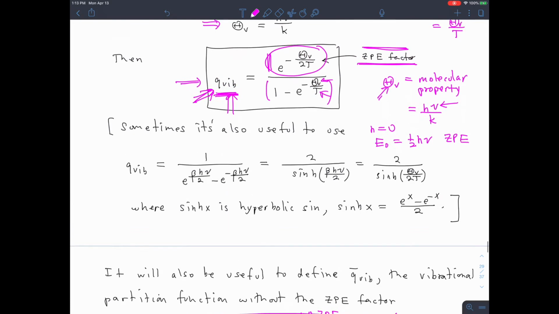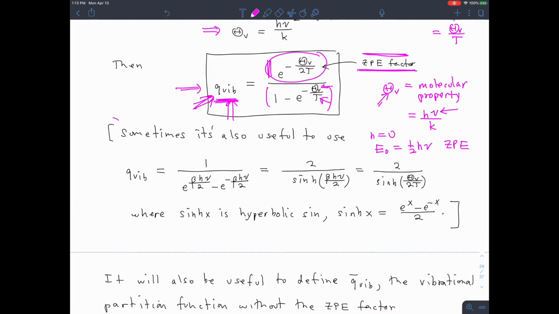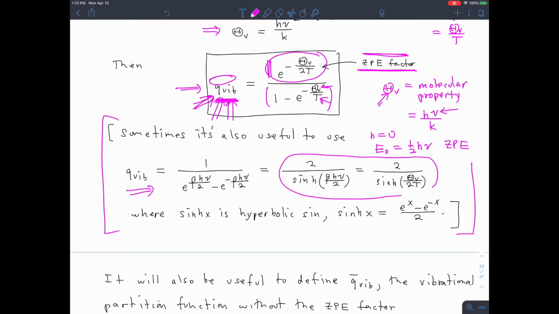One other thing, just before we leave this section where we're talking about the partition function, is to note that this full vibrational partition function can be rewritten with a little bit of algebra into this form. Occasionally you'll see that out in the literature.